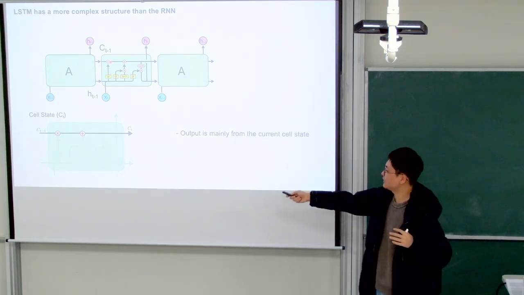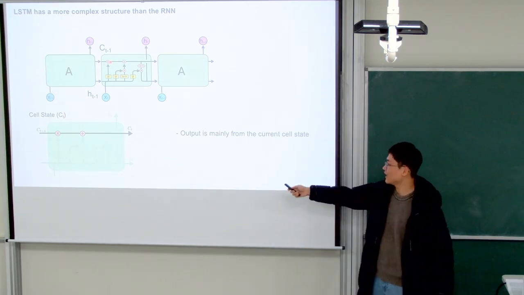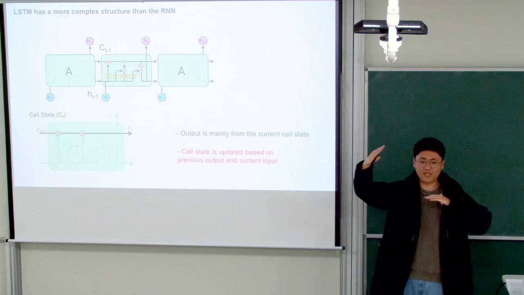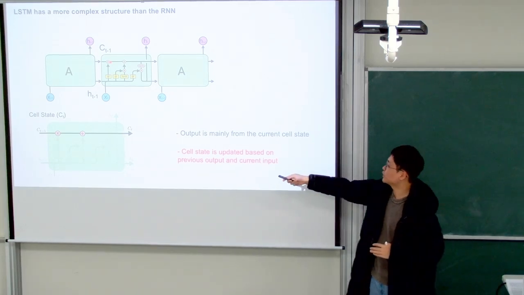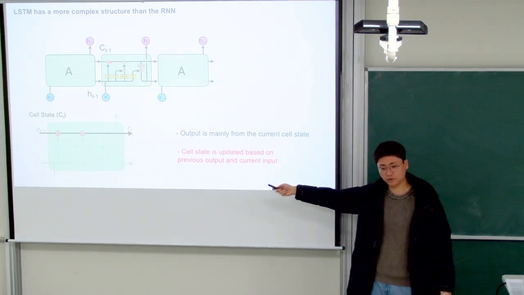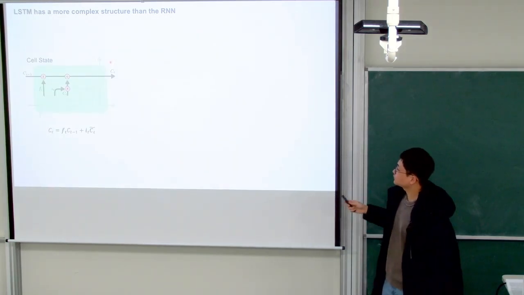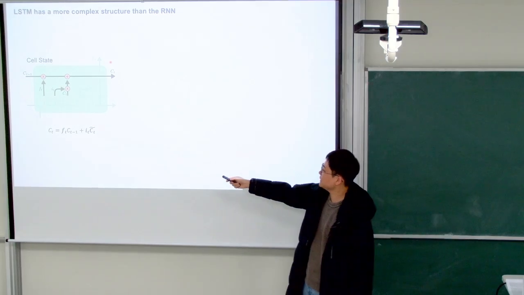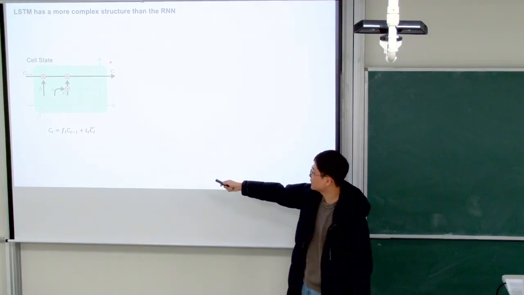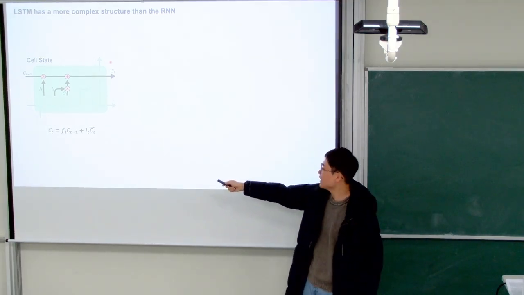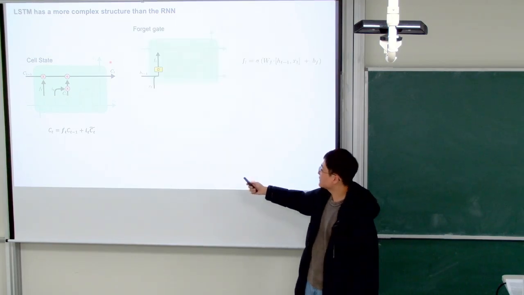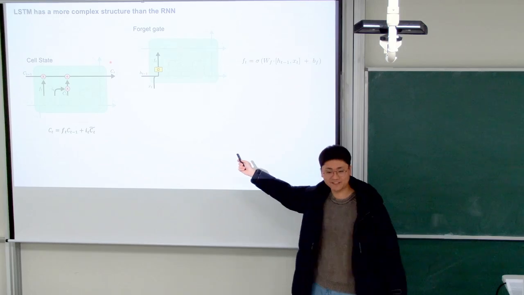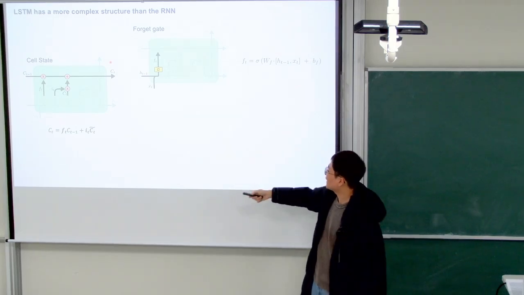The output is mainly determined by the cell state, and the cell state is continually updated depending on the previous output and current input. Specifically, the cell state C_t is updated with two processes, F and I. F represents forget, and I represents input.